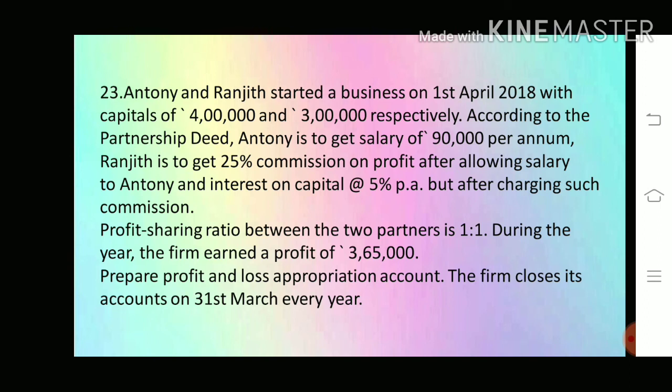Ranjit is to get 25% commission on profit after allowing salary to Anthony and interest on capital at 5% per annum. But after charging such commission, profit sharing ratio between the two partners is 1:1. So during the year, the firm earned a profit of 3,65,000. Prepare profit and loss appropriation account. The firm closes its accounts on 31st March every year.